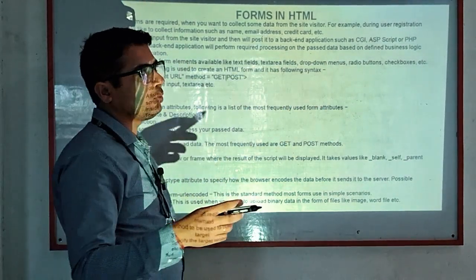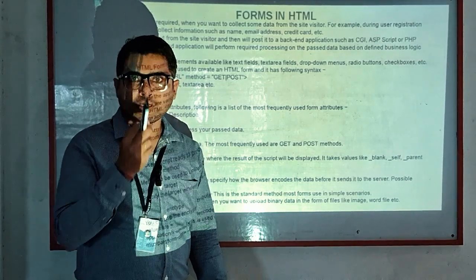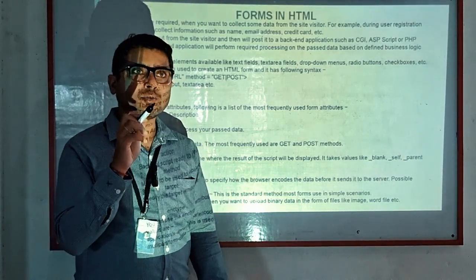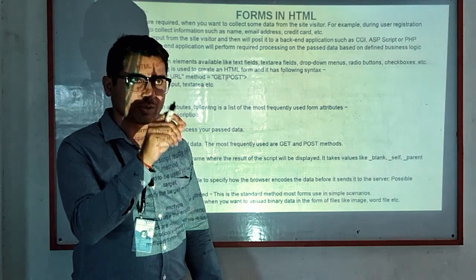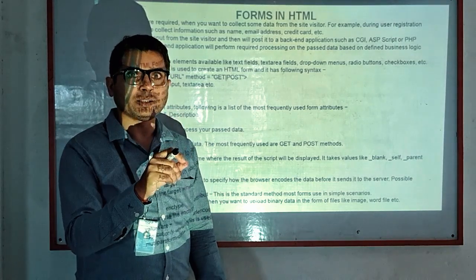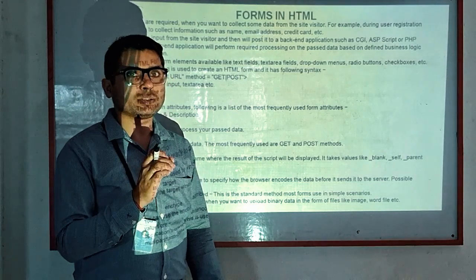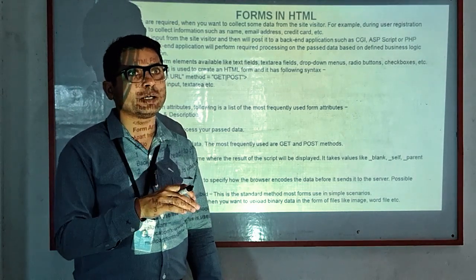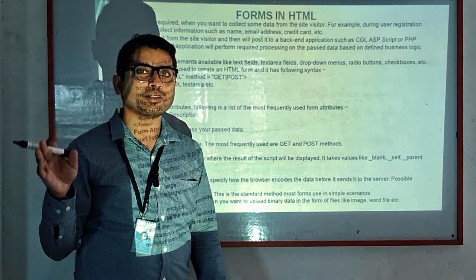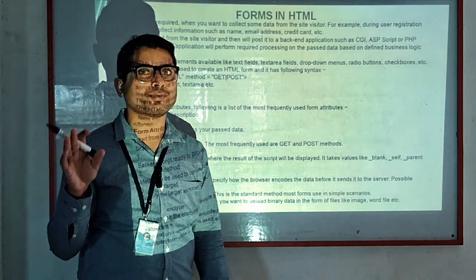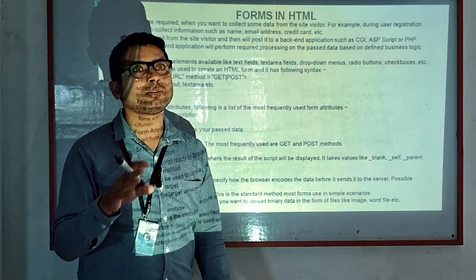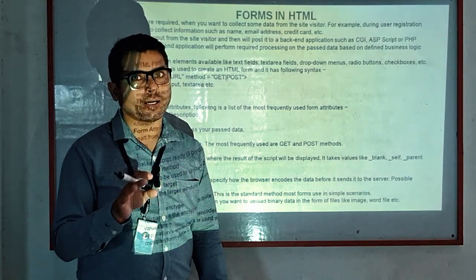Like I told you, the user types the data in the given fields and submits it. When the user submits, this data is stored inside the backend of some database software that is connected to the website.